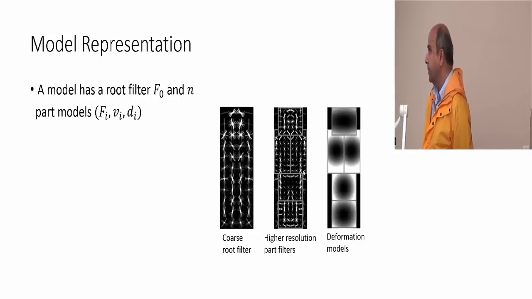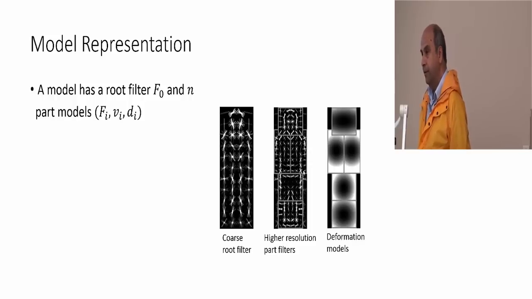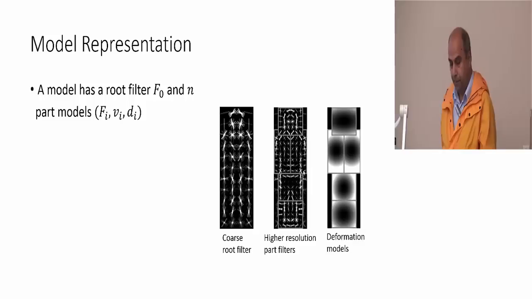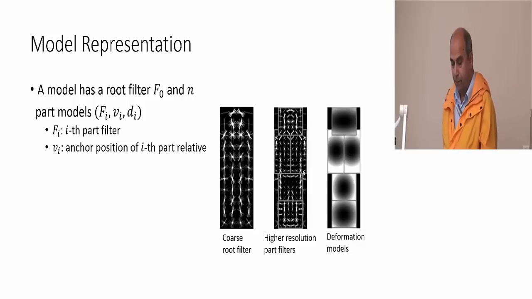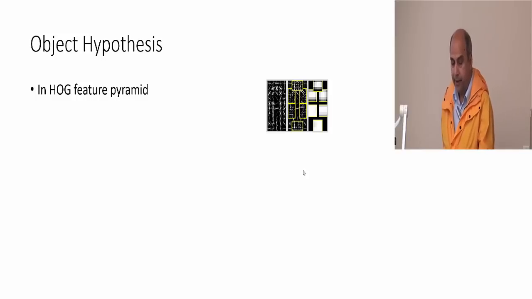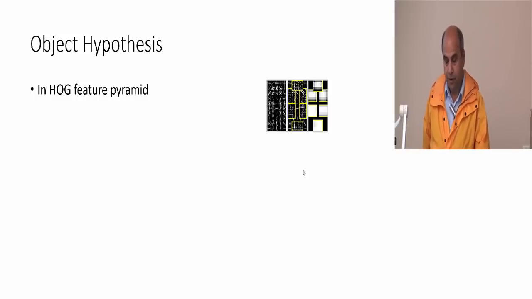Okay, so this is our model, different filters, F0 to F1, F2, and in humans typically you have 8 parts, and then the anchor position, the center of that part, and the deformation Di, which is a 4-dimensional vector. And so Fi is the ith part filter, vi is the anchor position of the ith part relative to the root, and Di is the deformation parameter for the ith part. Okay, so the object hypothesis is that we will do the HOG feature pyramid.